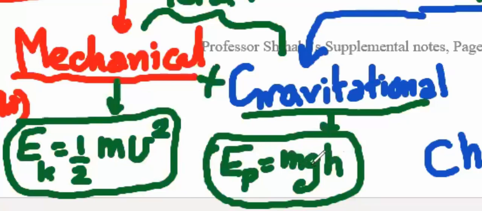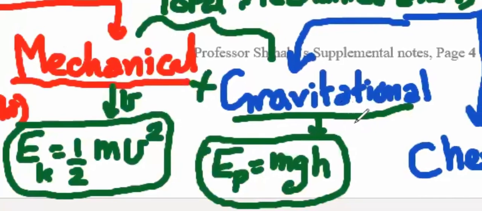For mechanical kinetic energy, it has to do with the speed mainly. So the factor that will decide its value is the speed, velocity, v. While for the gravitational potential energy, the main factor is height.